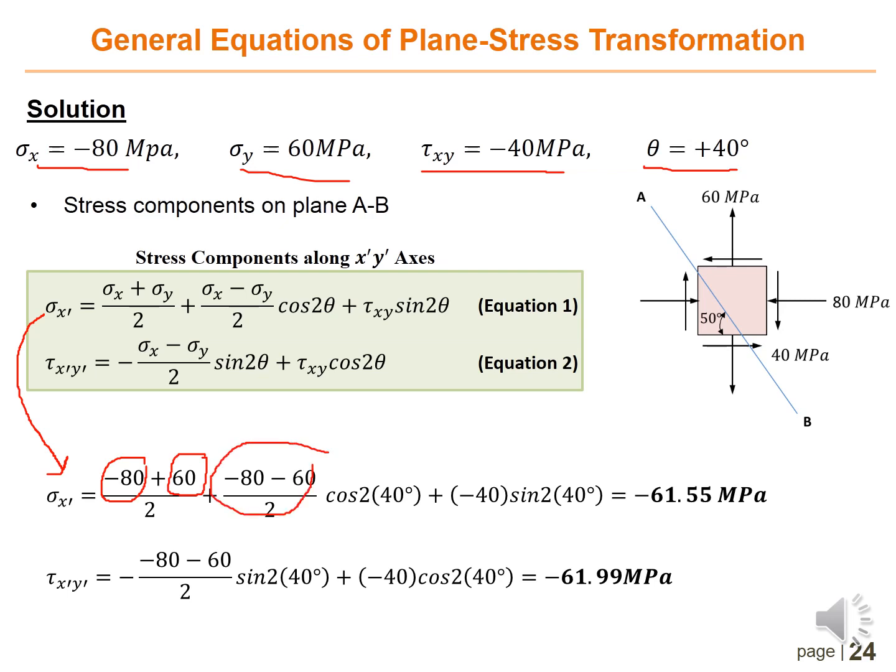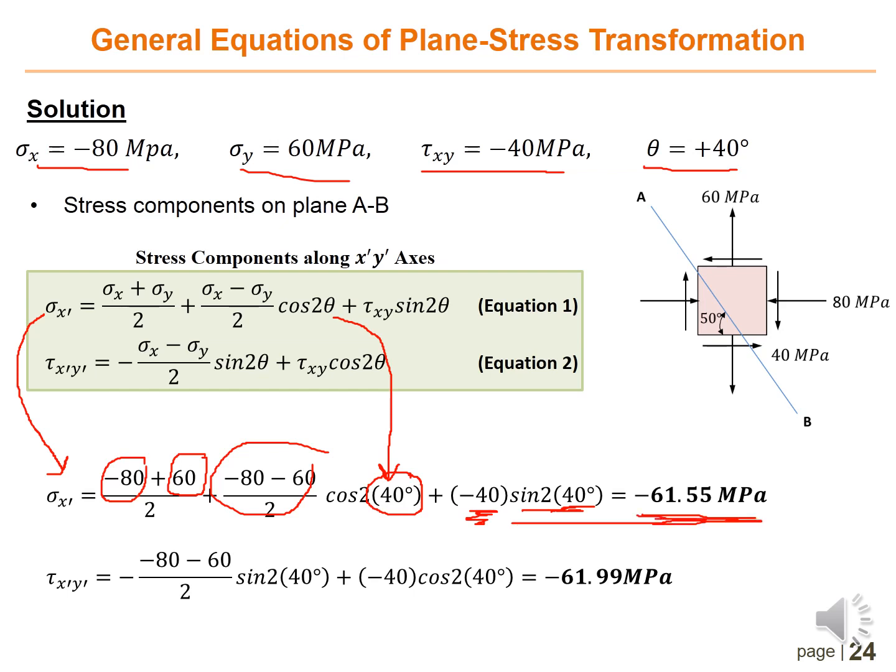For cosine 2 theta, you must use the value of theta acting from the x-axis to the x prime axis, so we have positive 40 degrees here. Then plus tau xy, which is negative 40, times sine 2 times 40 degrees, and the answer is negative 61.55 megapascal.